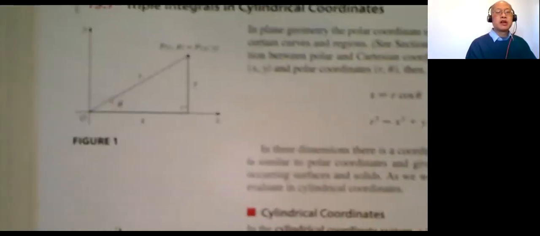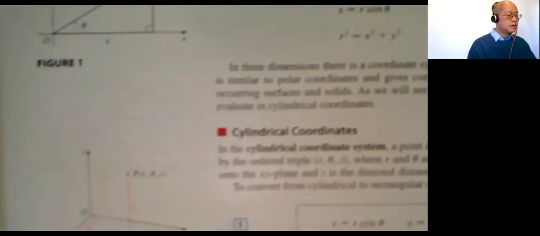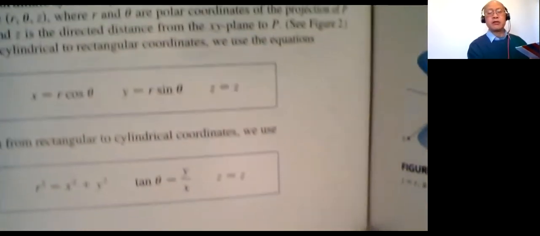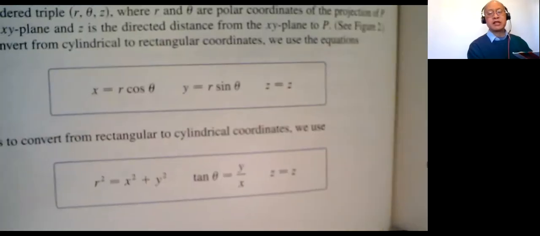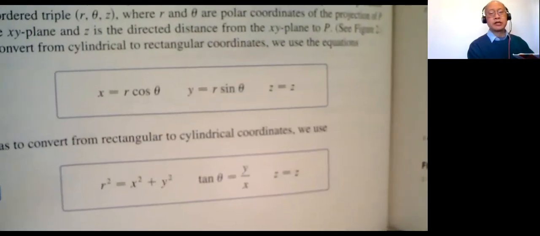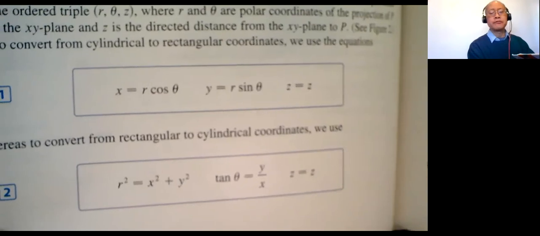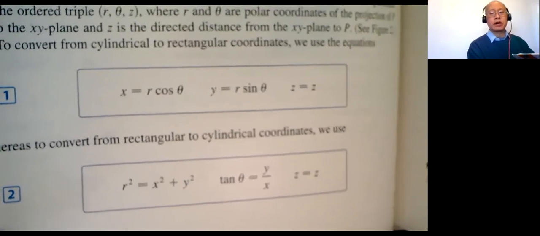Instead of x, y, z, you have r, theta, and z. Here are the conversion formulas, which is basically the same thing as in polar coordinates, and just leave z alone. x is r cosine theta, y is r sine theta, r squared equals x squared plus y squared, tan theta is y over x.